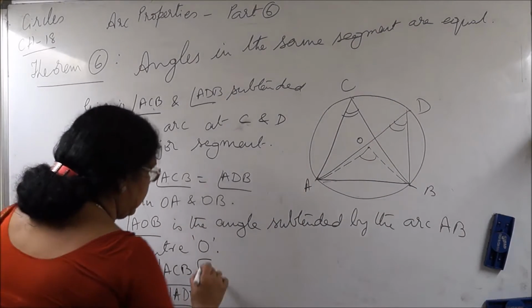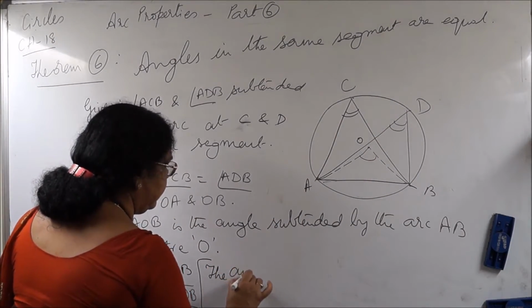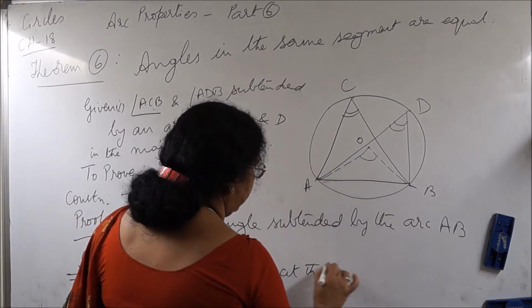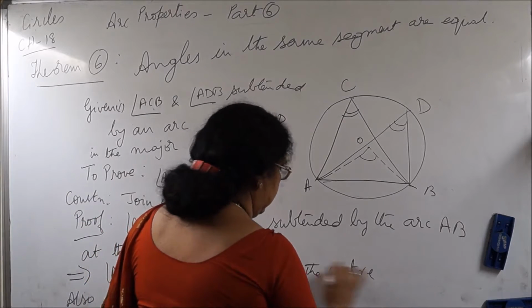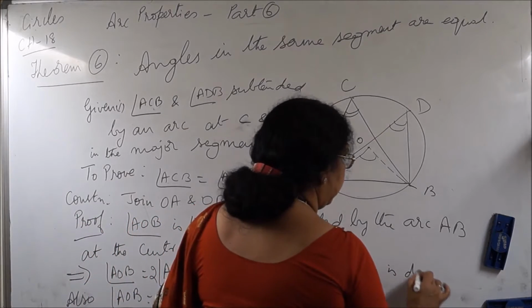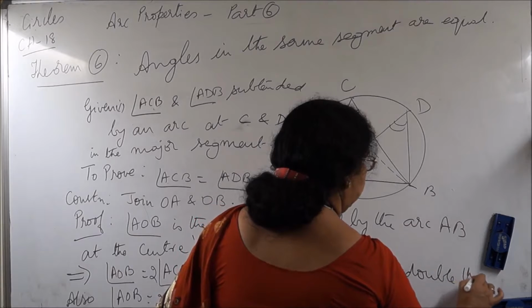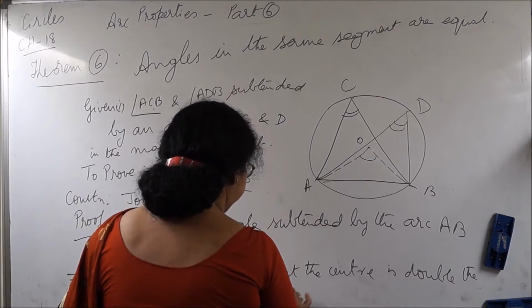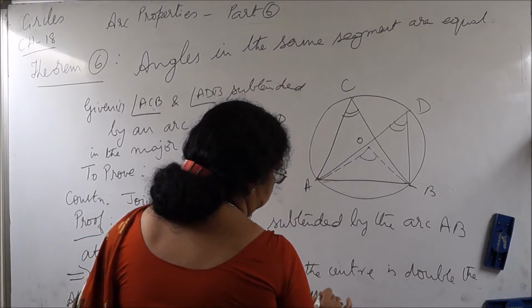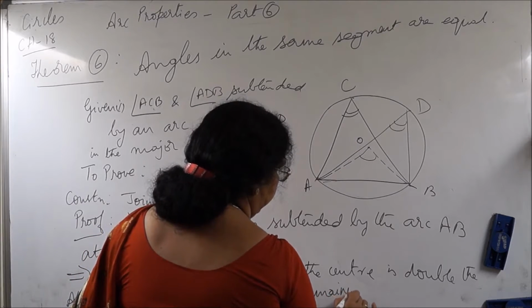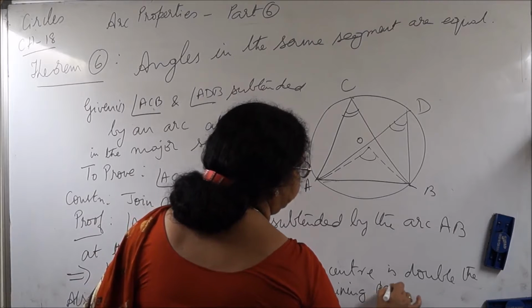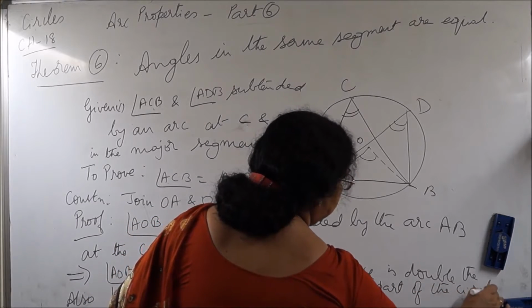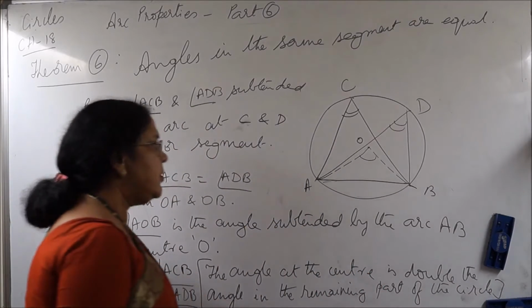What is the reason? The angle at the center is double the angle in the remaining part of the circle.